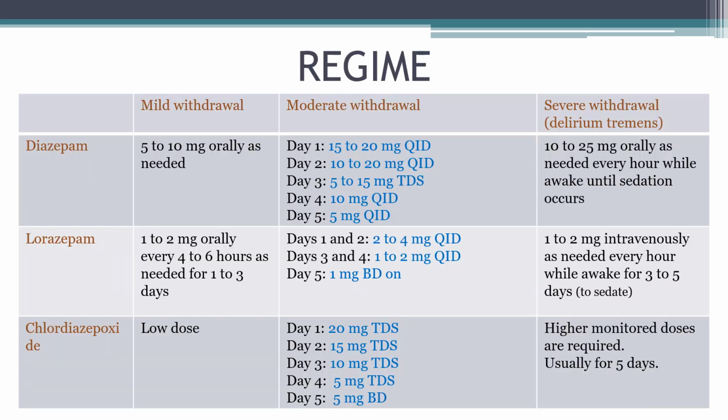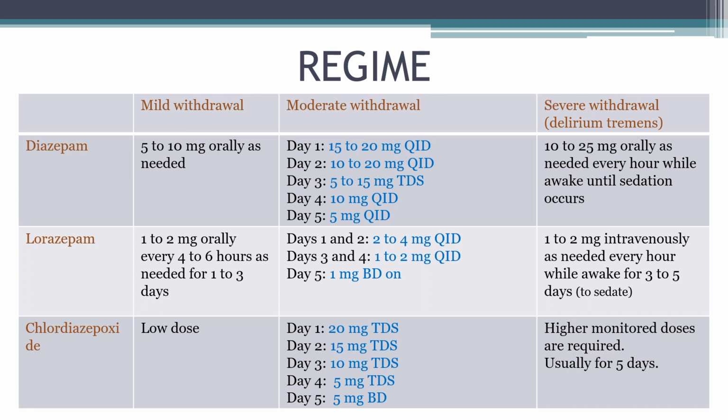The regimen of benzodiazepines to detoxify is here for diazepam, lorazepam, and chlordiazepoxide. These three drugs are usually used in clinical practice. Other benzodiazepines can also be used, but the dose should be calculated against the standard dose of diazepam. When using diazepam for mild withdrawal, 5 to 10 milligrams is needed orally.